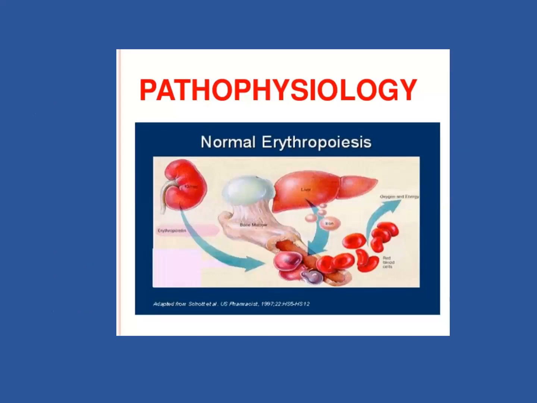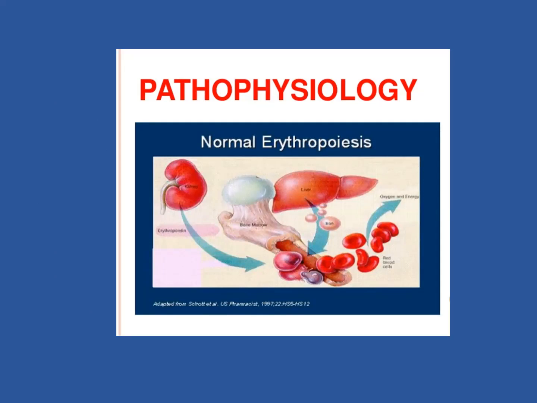So pathophysiology, I'm not going into it, but you know the normal erythropoiesis. The hemoglobin is made in the bone marrow, and the erythropoietin is released from the kidney, and that helps in the production of the RBCs. The liver plays a part, the spleen plays a part because it's going to break down the red blood cells that are not normal or the regular breakdown.